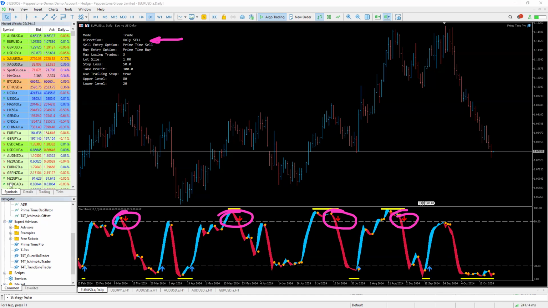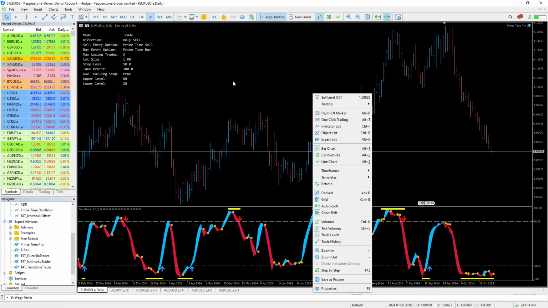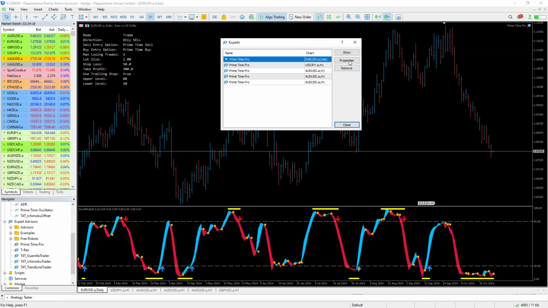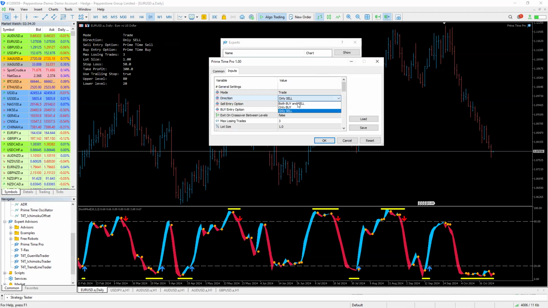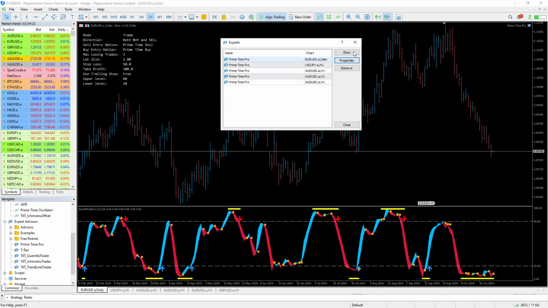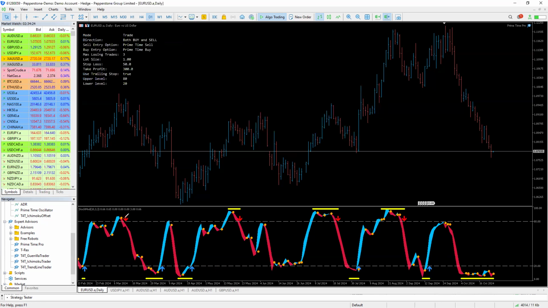And in that regard, if I change that setting to both buy and sell, then all these signals will get triggered. Now, if you're a traditional swing trader, I assume this is how they're trading. You've got these levels here, right?